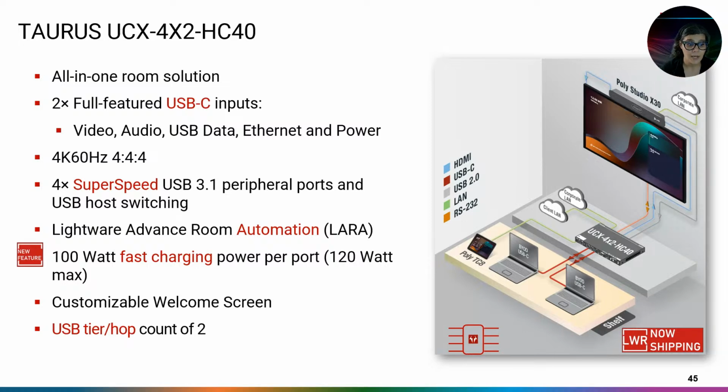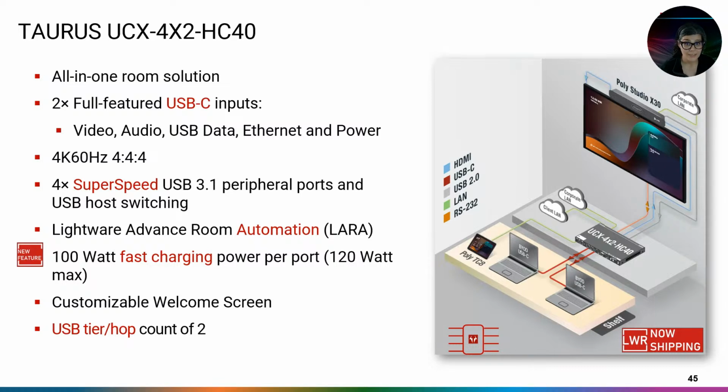And these last couple are going to be all of the Taurus products that I am talking about today. They're all going to have access to the Lightware Advanced Room Automation, or LARA software, which will be the last thing we discuss in today's webinar. LARA is going to allow you to set up any type of room control and automation that your rooms may need. All of our Tauruses are going to have that 100-watt fast charging.